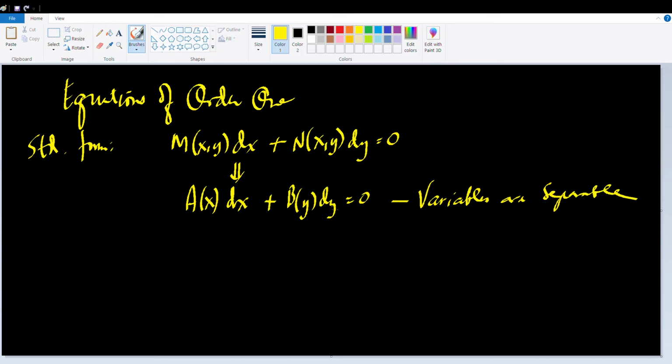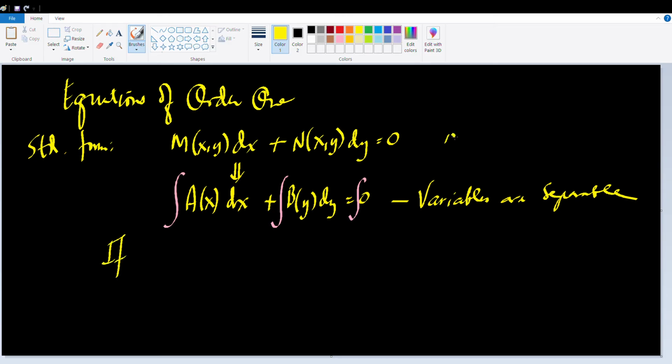The only thing we have to do here is to integrate everything to arrive at the solution of the given differential equation. Okay, so let us write it down.